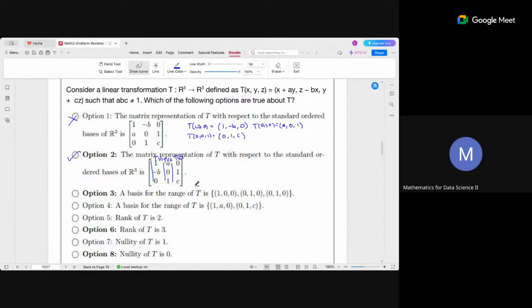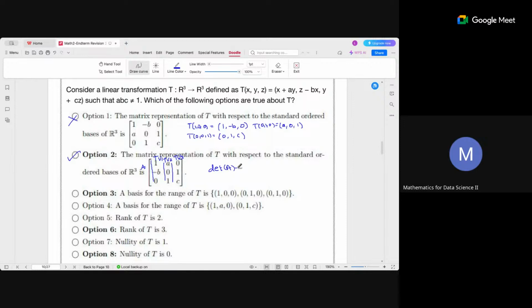Okay. So now, it is given that ABC is not equal to 1. How is this going to help us understand the rank, nullity or basis? Let us look at the determinant. Let us call this matrix A. Can you tell what the determinant of A is?